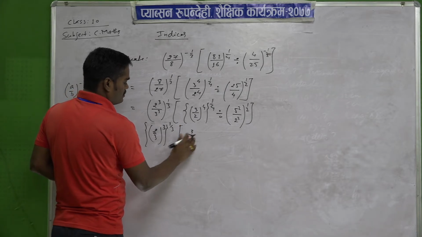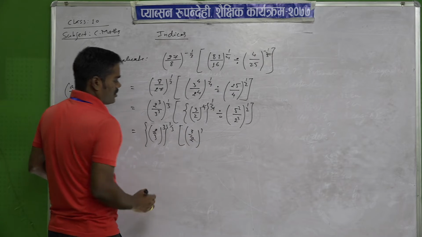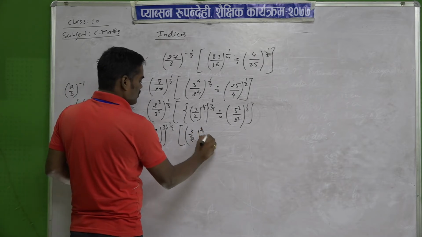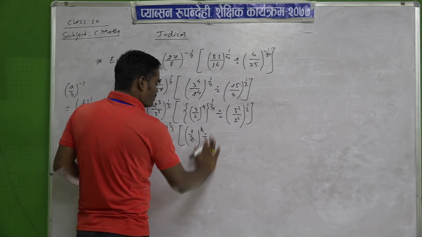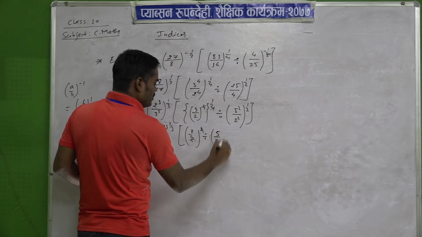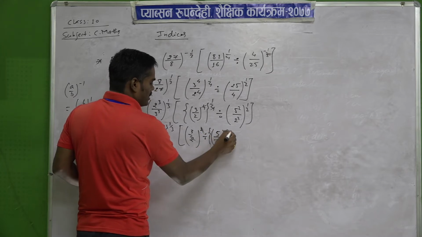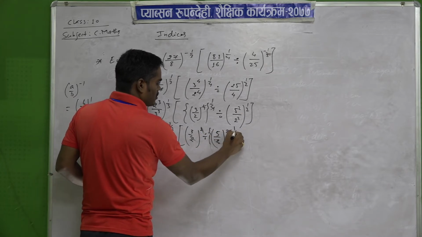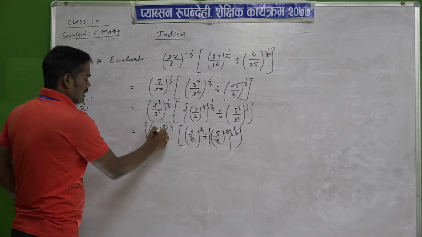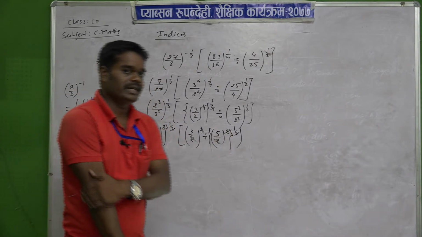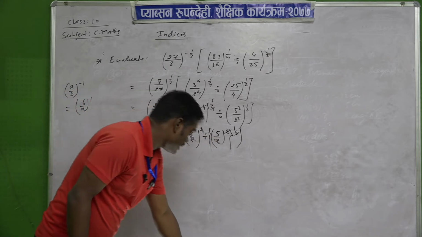So, 3 by 2, this cancel, power 1, and here also you can take 5 by 2 whole power 2, take 2 power common from both, so 1 by 2. So, this cancel, this cancel, and here also cancel, because they are up and down, means numerator and denominator. So, we can cancel.